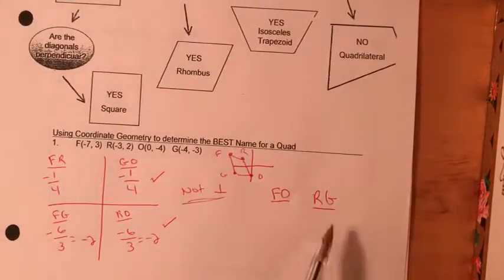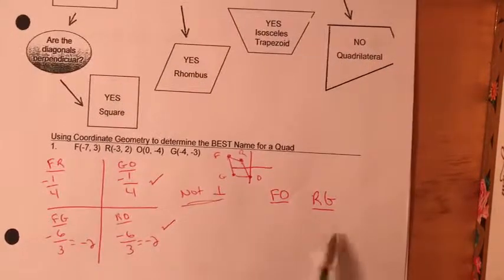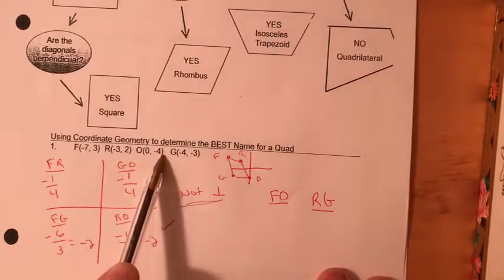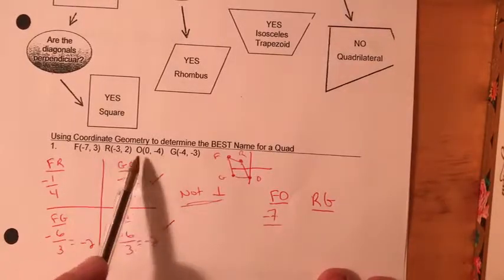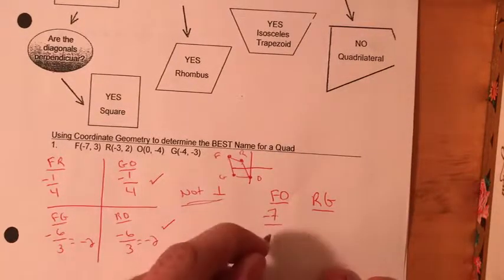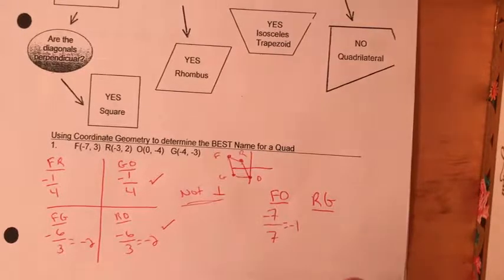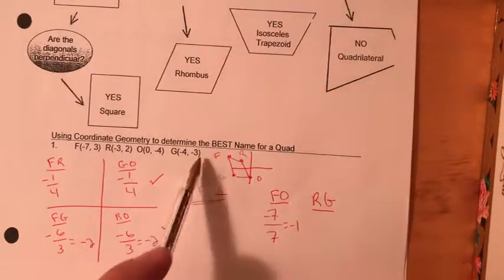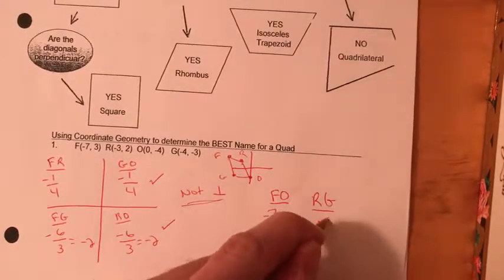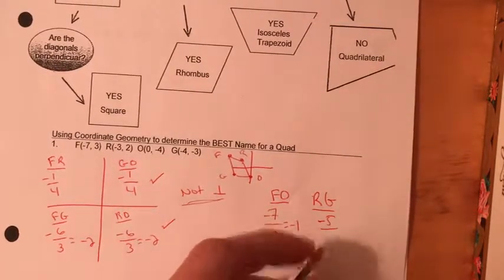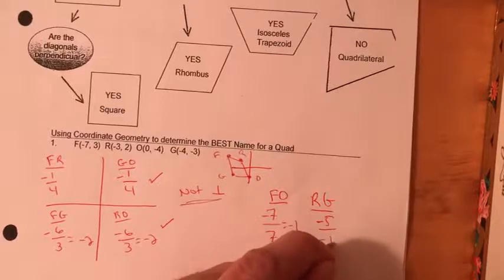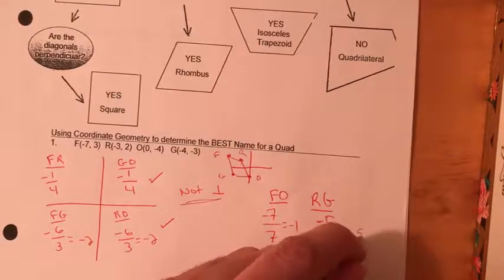So once again, 2 more slopes. So a total of 6 slopes here. At least it's not distance formula. Slope's pretty quick. So for FO, -4 minus 3 is -7, 0 minus a negative 7 is positive 7, reduces down to negative 1. RG, negative 3 minus 2 is negative 5, negative 4 minus negative 3 is a negative 1, which reduces down to 5.